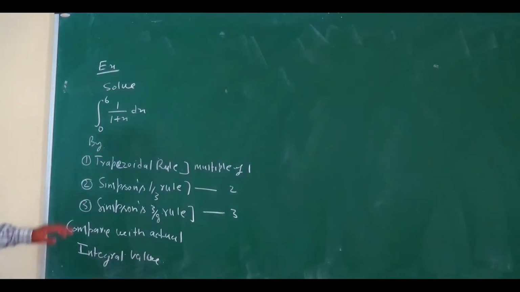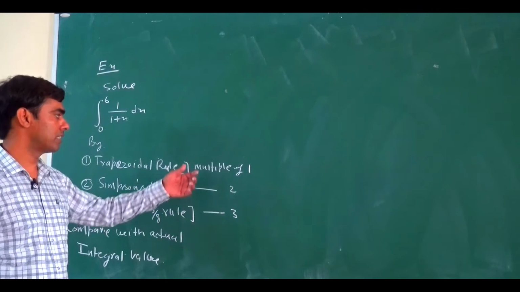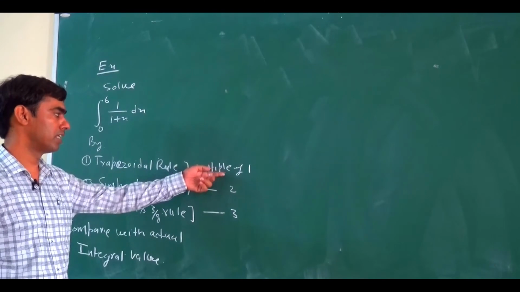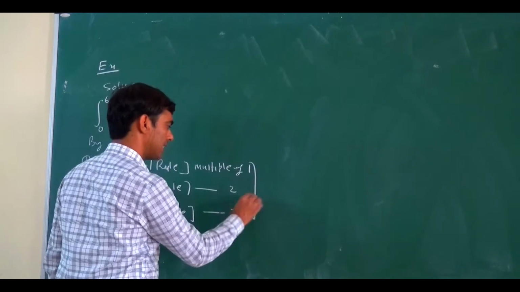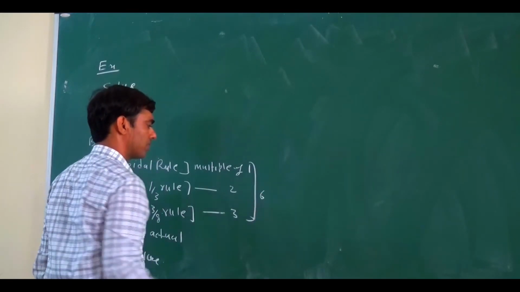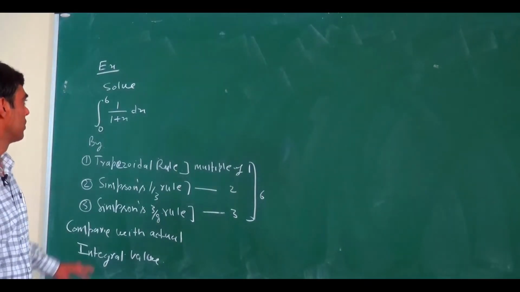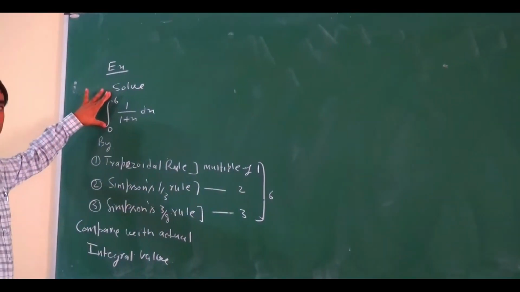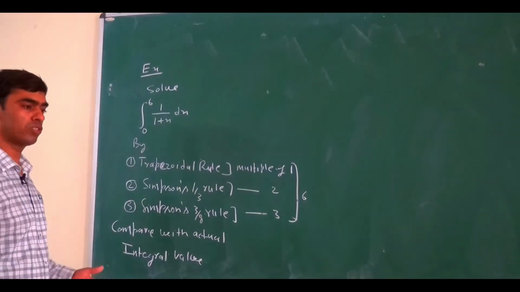So to solve by all three methods, n must be at least a multiple of 6, such as 6, 12, 18, 24.